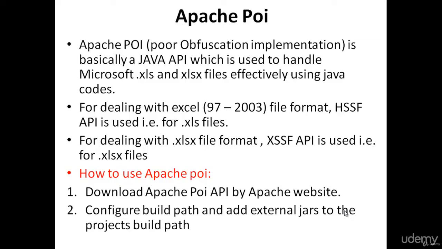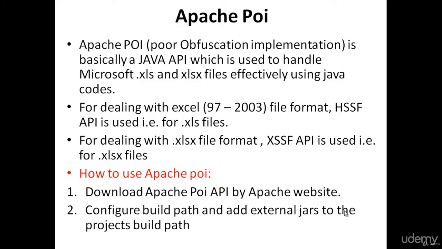Microsoft Excel is another software, and in order to perform read and write operations with that software, there is a specific API designed. Some people use JXL, which is another API. Some people use the Apache POI API. So POI is one of the most popular APIs to read and write Excel files, right?